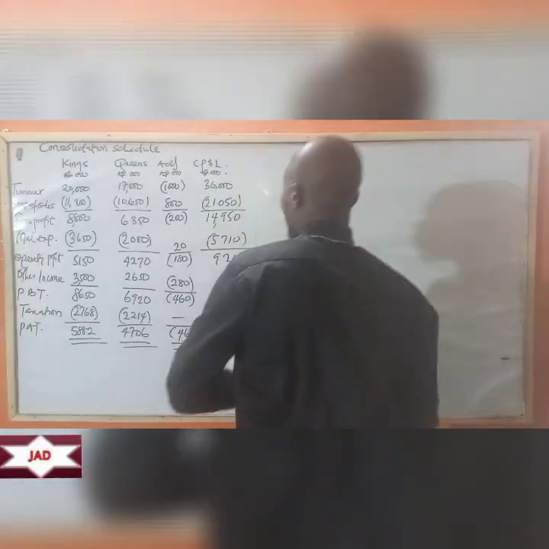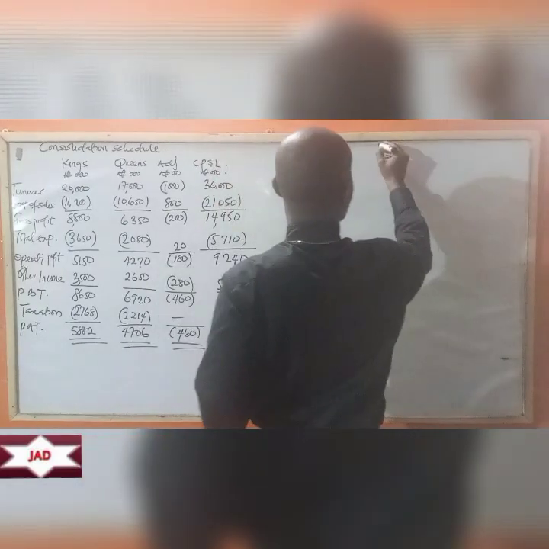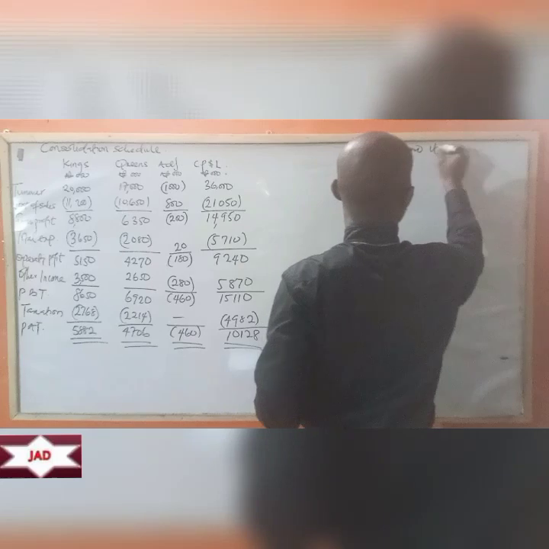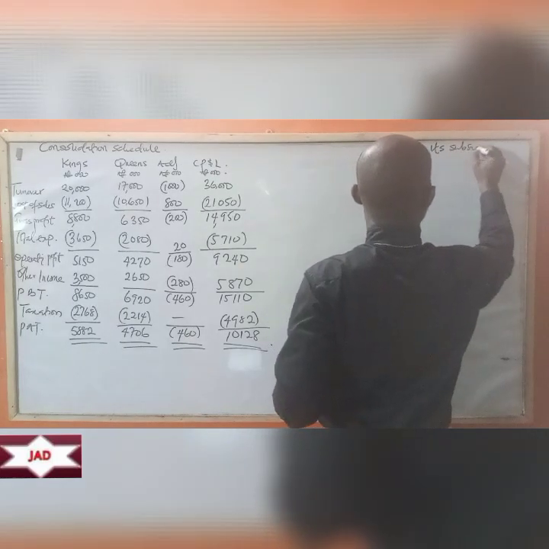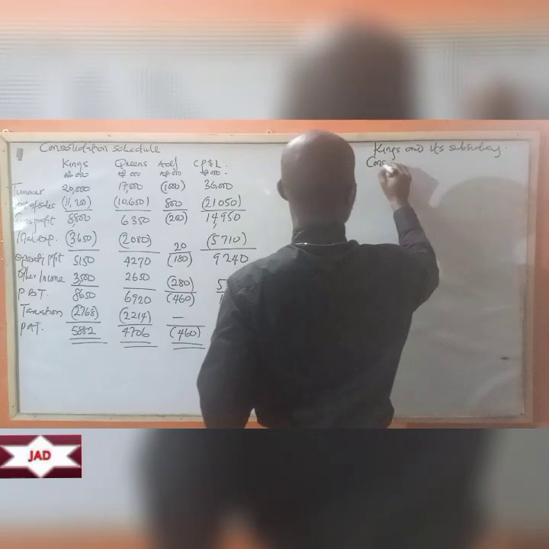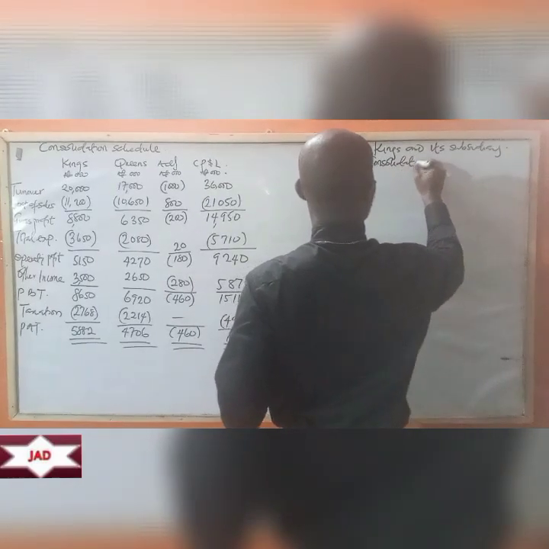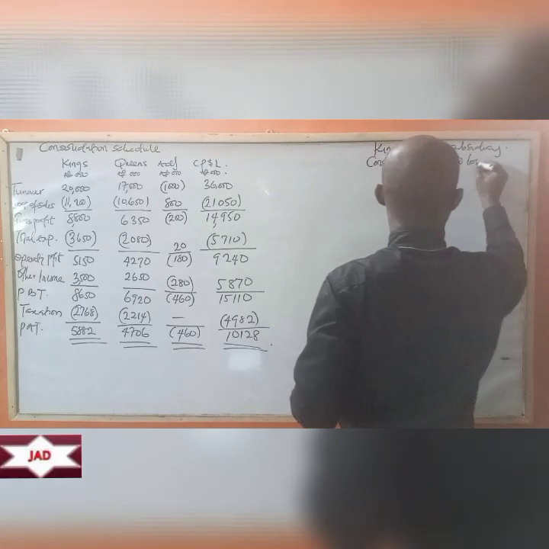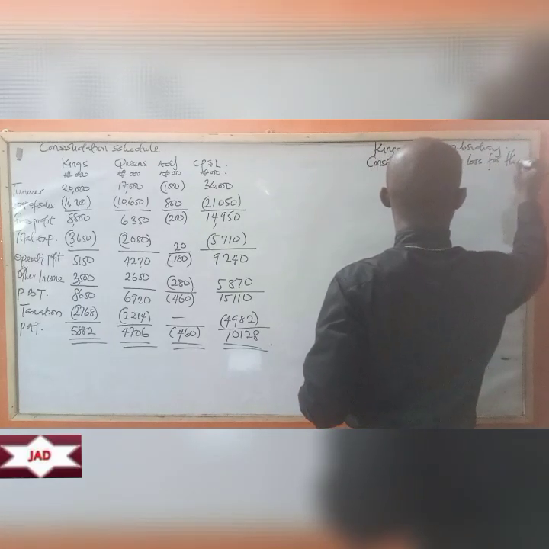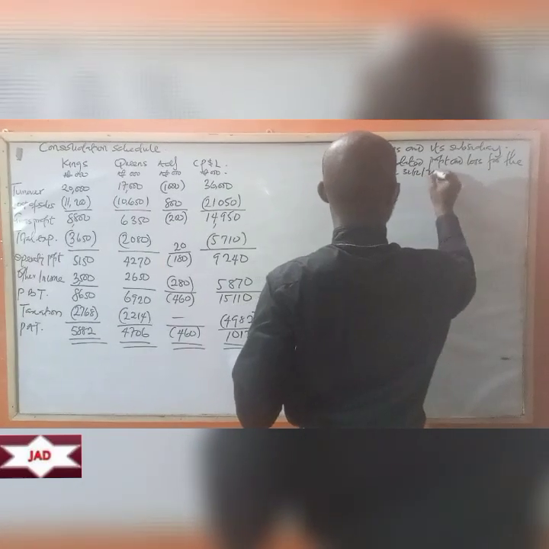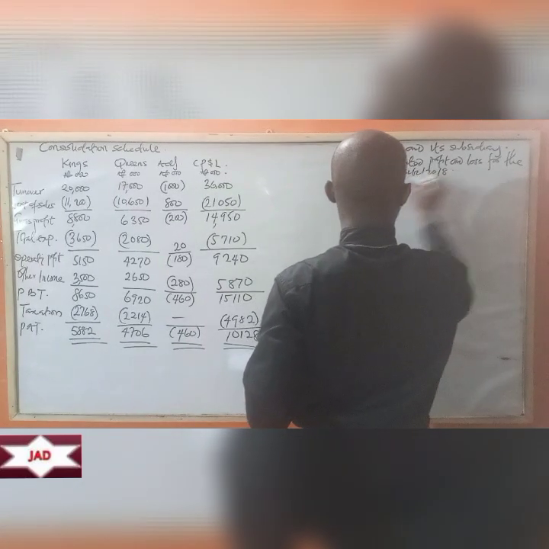So we have Kings and its subsidiary. So we have consolidated profit and loss for the year ended 31st December 2018.